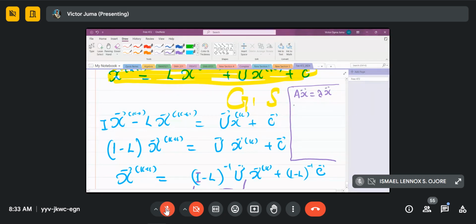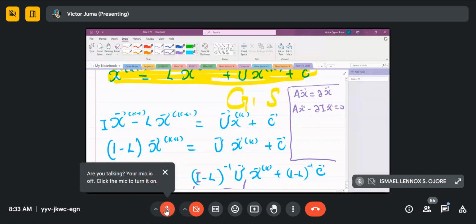If this is satisfied, lambda is an eigenvalue and x is an eigenvector. That's the definition. But this can be written as Ax minus lambda I x, which is the same as 0. So is this okay? The one who asked, is it okay?